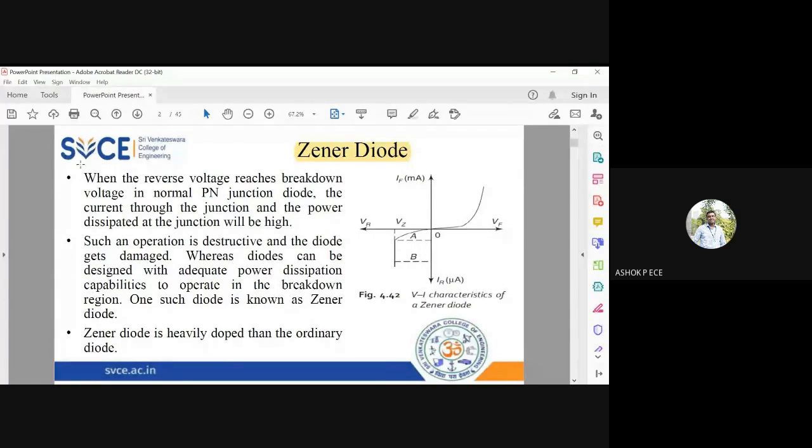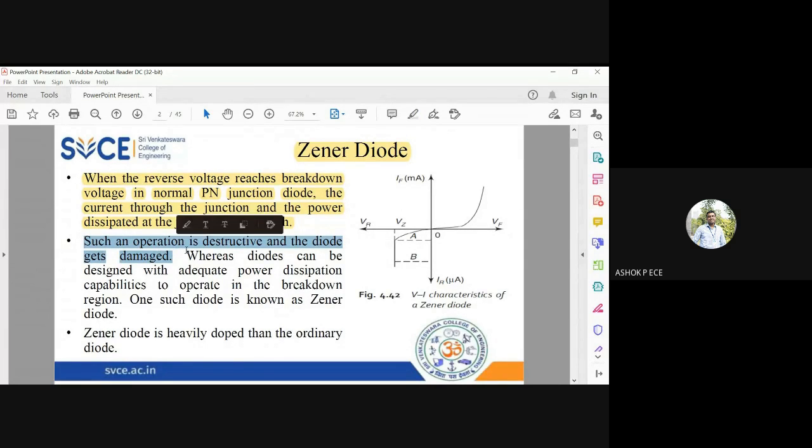When you reverse bias a PN junction diode in normal condition, the current through the junction will be very high and the power will be very high when you apply a very high voltage across the junction. That is going to damage your diode.